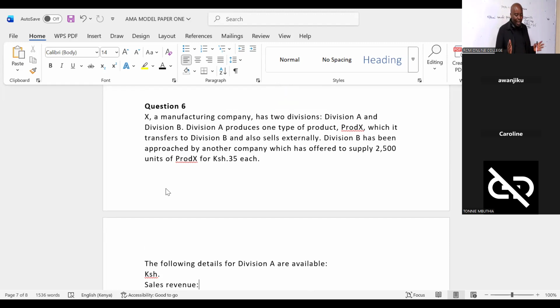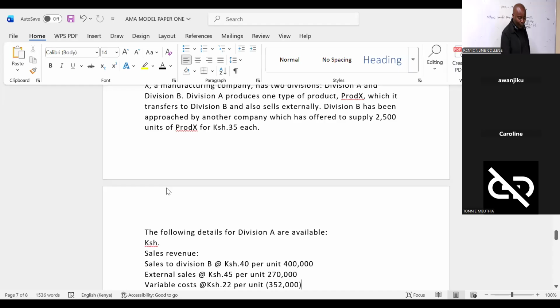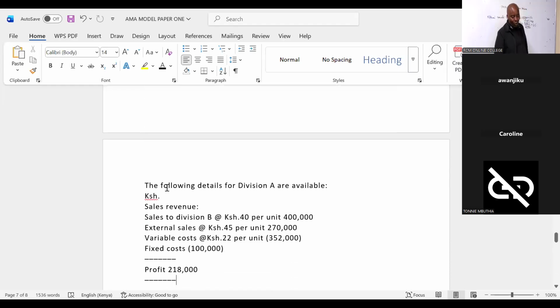Division B has been approached by another company which has offered to supply 2,500 units of product X for 35. The following details for Division A are available.